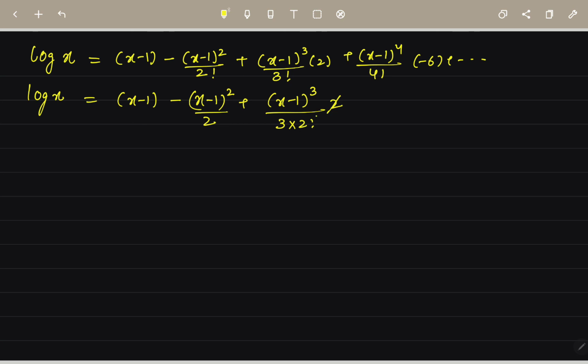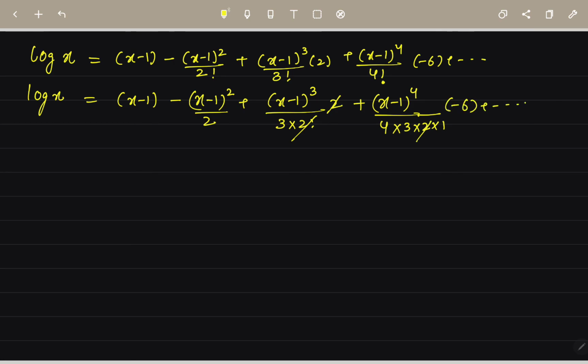So this 2 and this 2 get cancelled. Then plus x minus 1 whole raised to power 4 divided by 4 factorial, and here is 6. So I will write 4 into 3 into 2 into 1, into minus 6, plus so on.